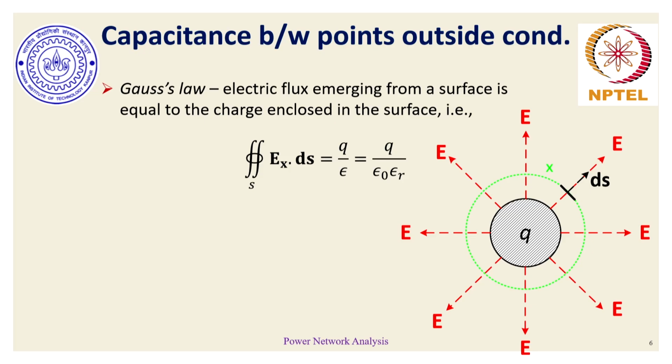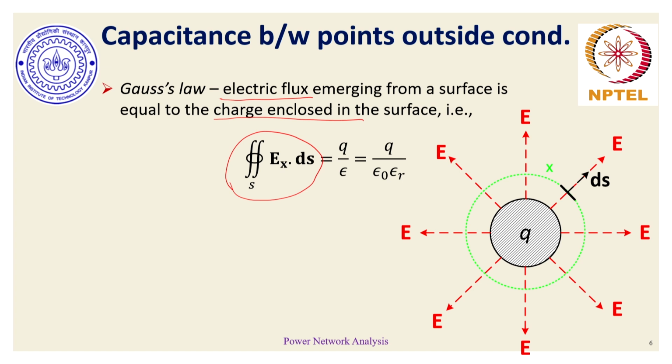Then by Gauss's law, this electric flux, which is nothing but the surface integral of E dot ds, is equal to, or proportional to, the charge which is enclosed inside this surface. That's the beauty of Gauss's law.